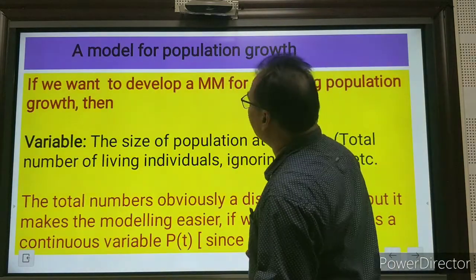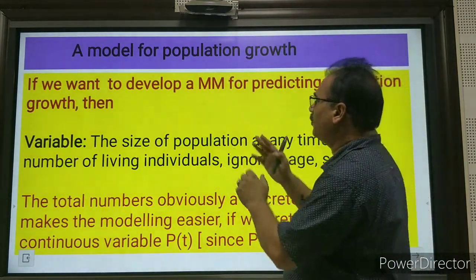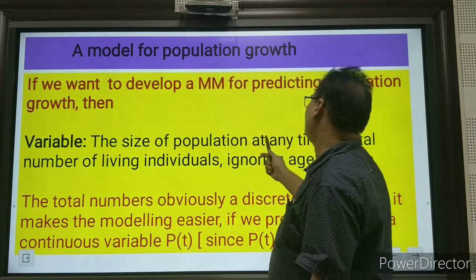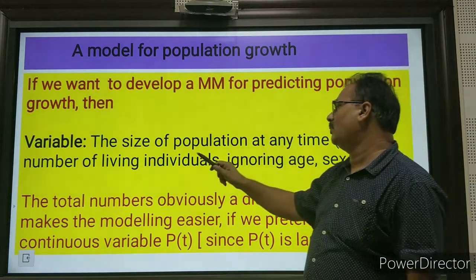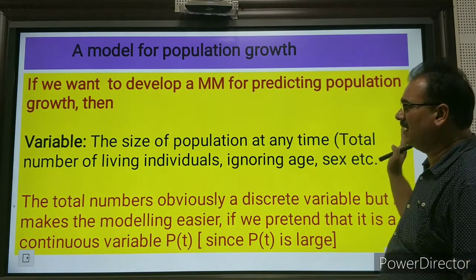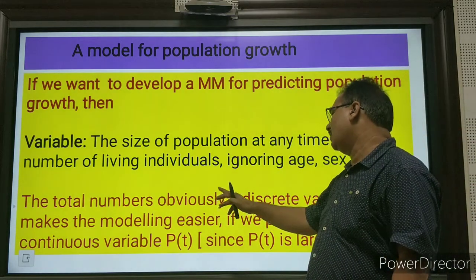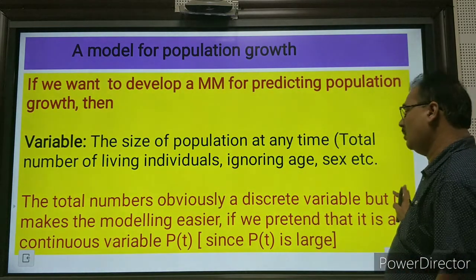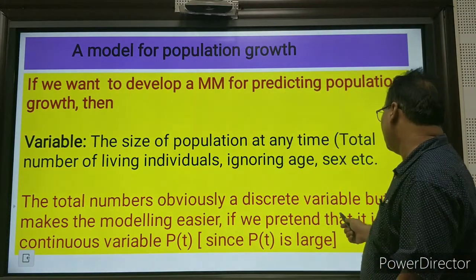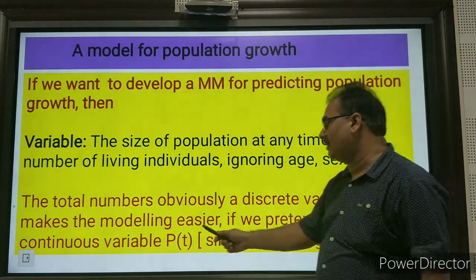Now about this population growth, if you discuss the variable, it is the size of the population at any time, the total number of living individuals, ignoring age, sex, etc. This is the variable. The total number is obviously a discrete variable, but it makes the modeling easier if we pretend that it is a continuous variable.